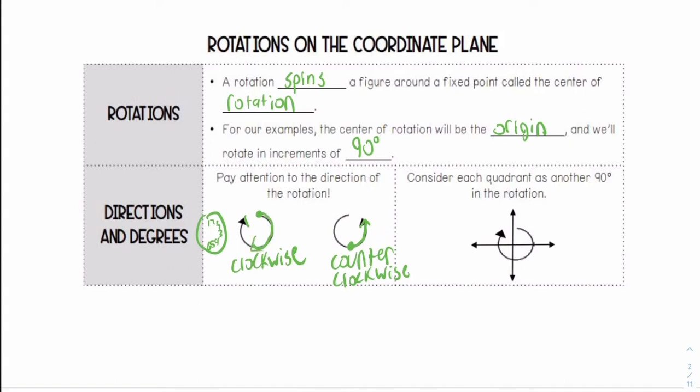So depending on where the starting point of a preimage is, to the right or to the left may not make sense. It may not be what you think it is. So we always say clockwise or counterclockwise because those things are true no matter where your current position is.